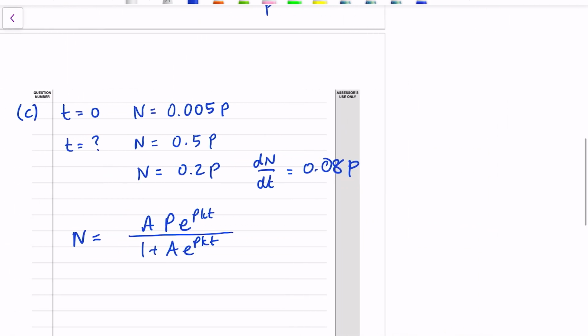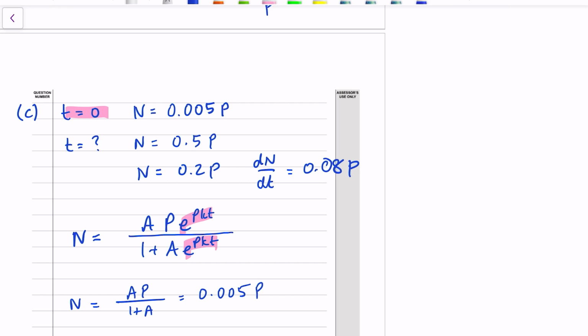Okay, so first up, time equals 0. We'll sub that one in and see what it gives us. We sub in t is equal to 0 into this expression. We get e to the 0 is equal to 1. So we get AP over 1 plus a is equal to 0.005 times p.